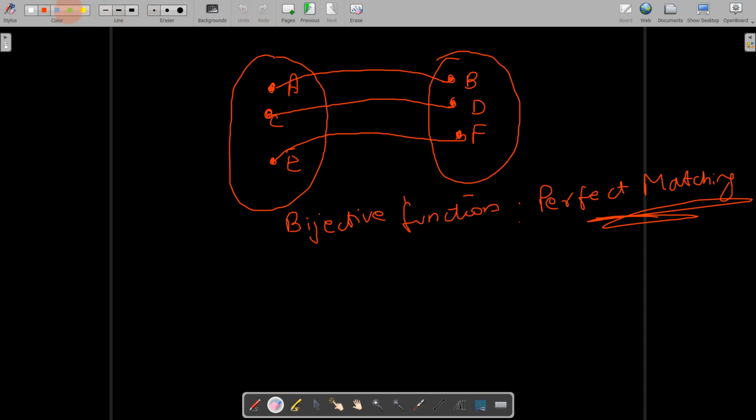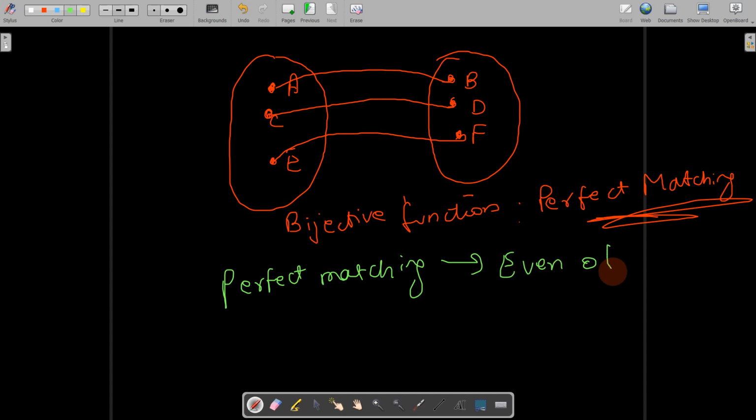Okay, so one observation: if you have a perfect matching in a graph, it is always true that you will have an even number of students or an even number of vertices. You cannot have a perfect matching with an odd number of vertices, because every student is mapped with another student. So however many are in the first set have to be in the second set as well, right?